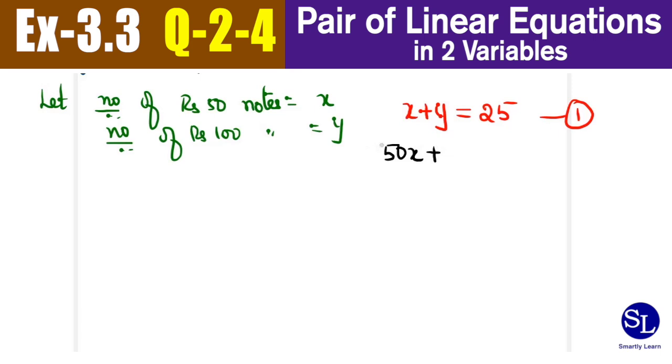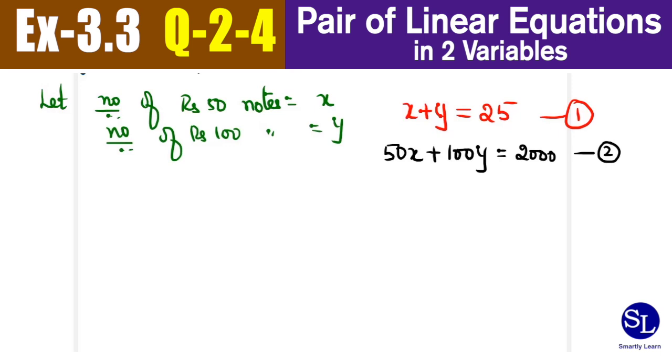Similarly, the amount of money you would have received in terms of 100 rupees will be 100 into y, because that is the variable that we have fixed. The sum of this cannot be other than 2000. So there goes our second equation: 50x plus 100y is equal to 2000.